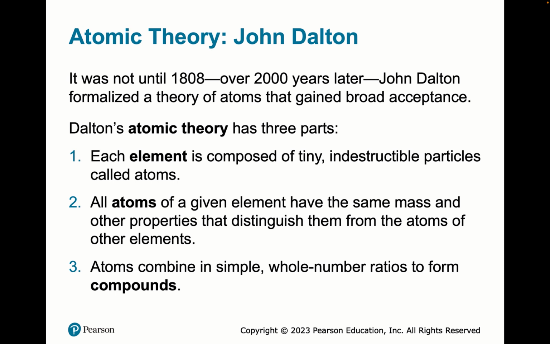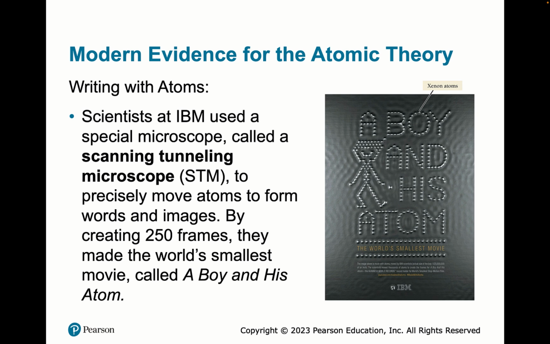All atoms of a given element have the same mass that distinguishes them from atoms of other elements. This is kind of true, we'll learn about isotopes later. Atoms combine in simple whole number ratios to form compounds. Now, finally we got something that's true. This is absolutely true in Dalton's atomic theory. 1 and 2 are mostly correct, but not entirely correct.